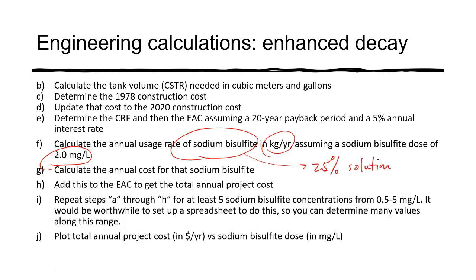So whatever you calculate here, when you're actually purchasing it, you're purchasing 4 times as much because it's a 25% solution. And then you can determine the chemical costs for a range of bisulfite concentrations. You're going to repeat this so that you end up with a spreadsheet, and you'll end up with a plot of the annual project cost versus the sodium bisulfite dose. So that's for your enhanced decay.